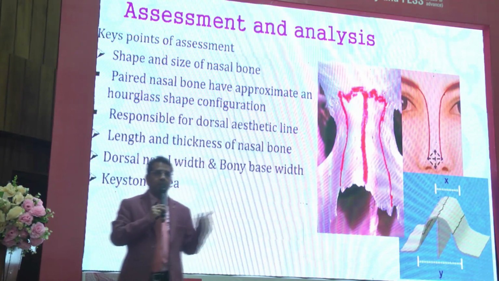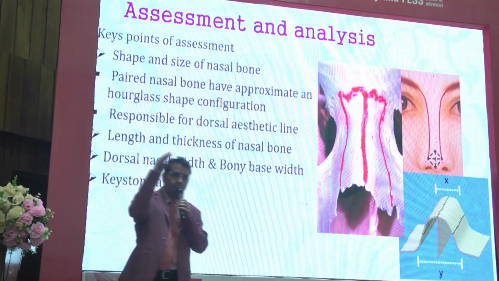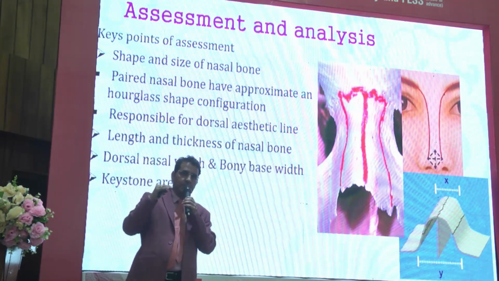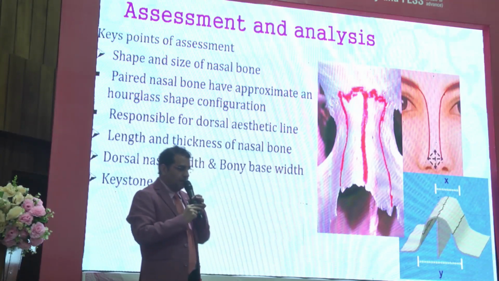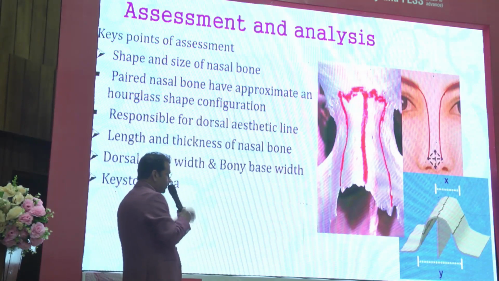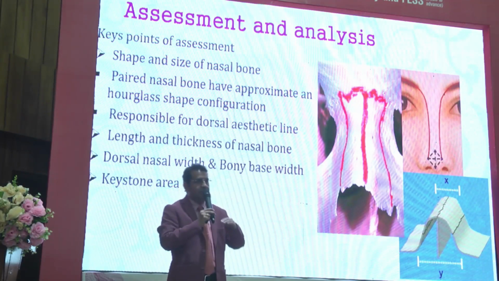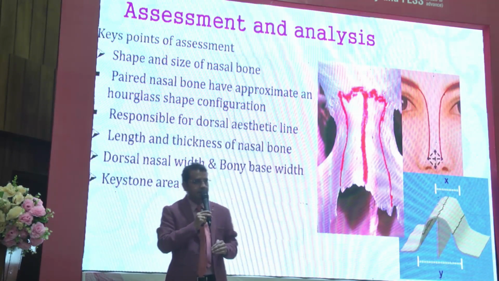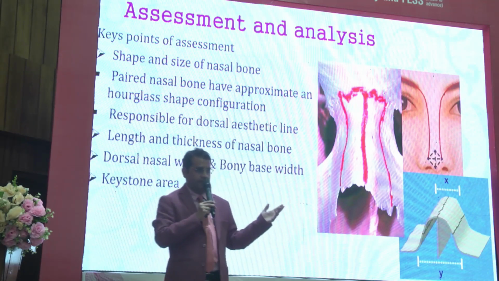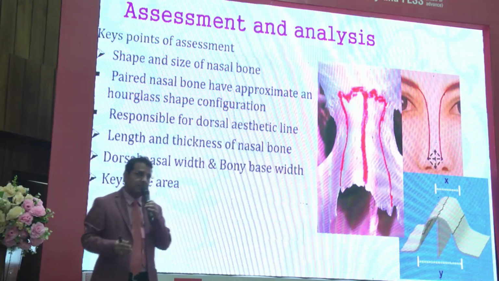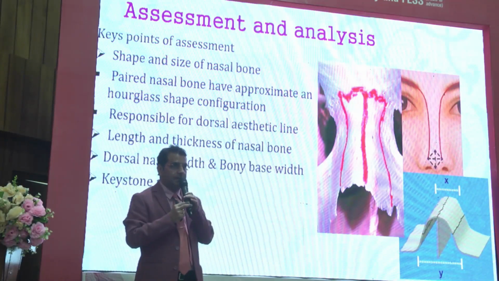You have to know whether your patient has an over-wide bony base or an over-wide dorsal width, because if your patient has an over-wide bony base and your pathway is higher, then you develop a stair-step deformity. So you have to know the dorsal nasal width and the bony base width.